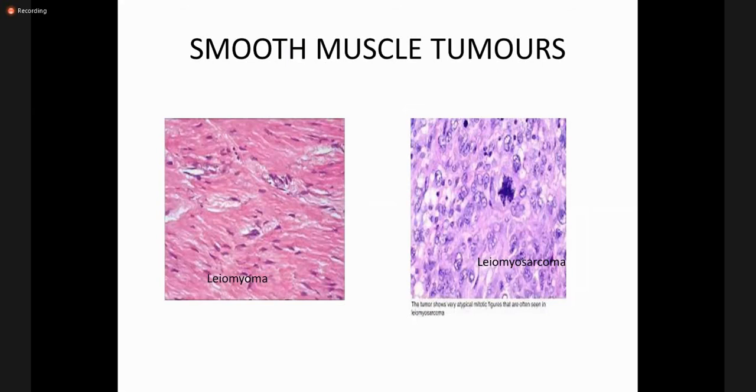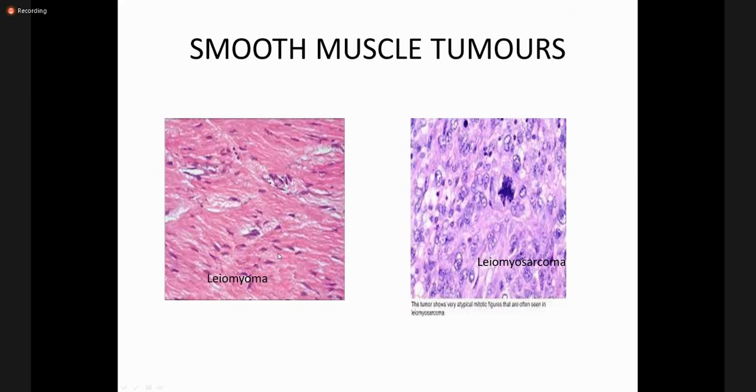The other category is the smooth muscle tumors in the bone. This one is the benign one, the leiomyoma, and the malignant one is the leiomyosarcoma. Here you see bland spindle cells present in fascicles.